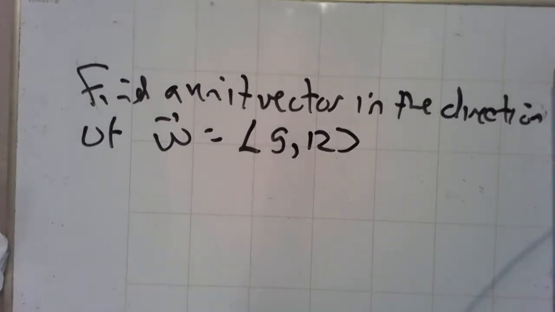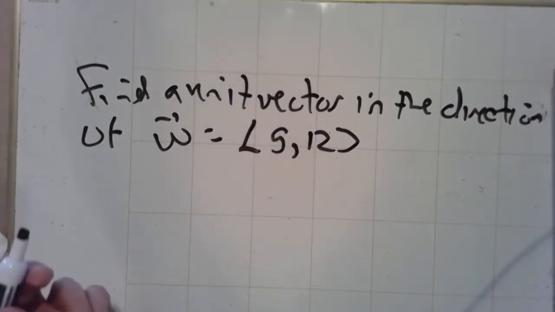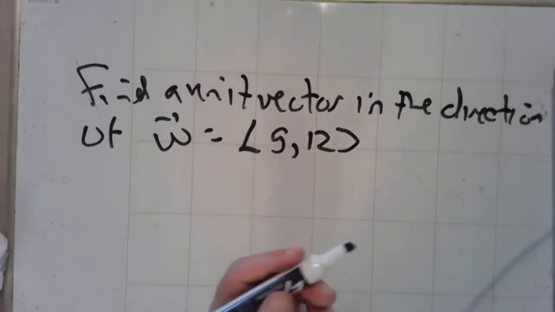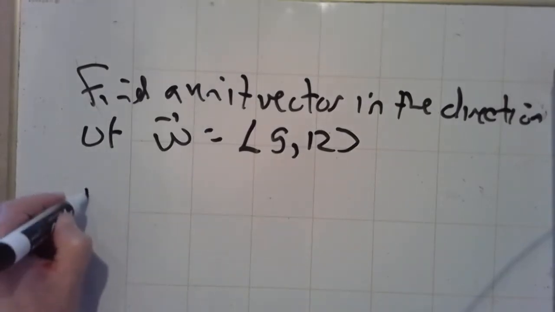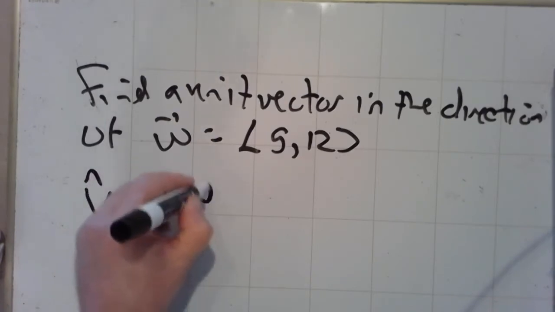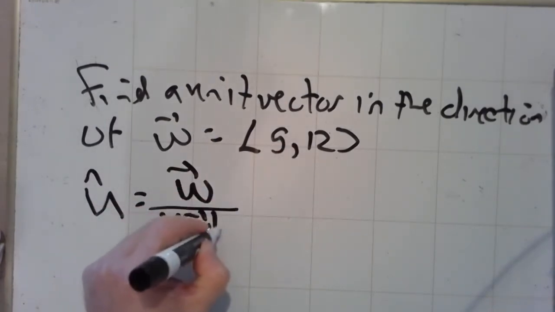So I want a vector that points in the same direction as that one, but has magnitude 1. Well, then we just rescale this guy. We divide him by his own magnitude.